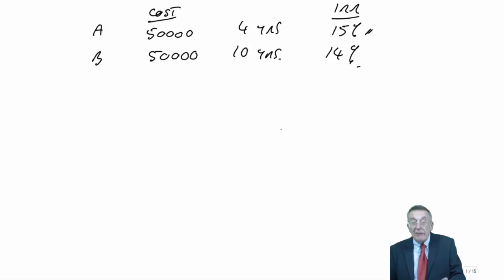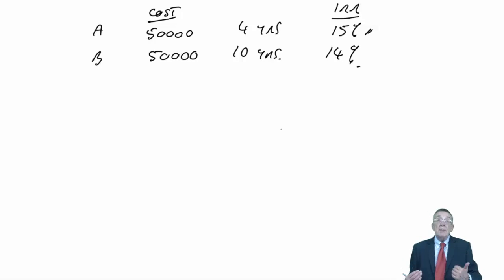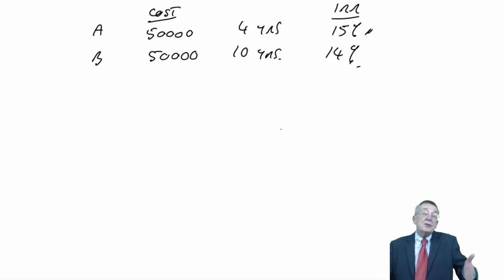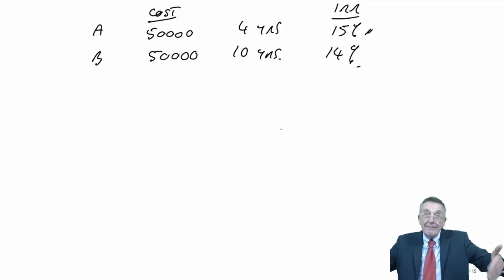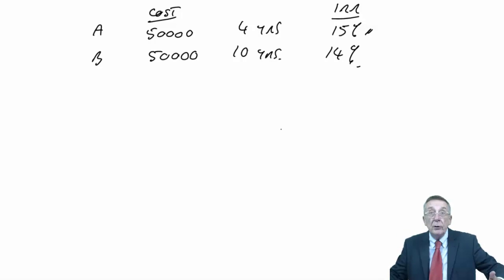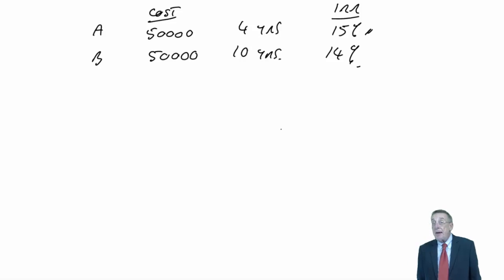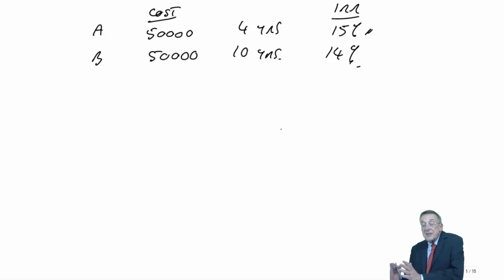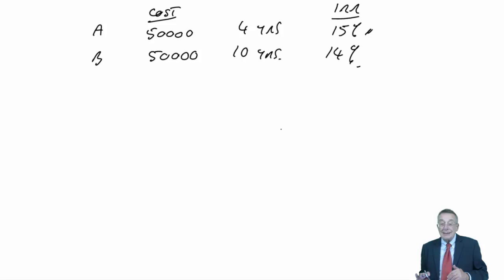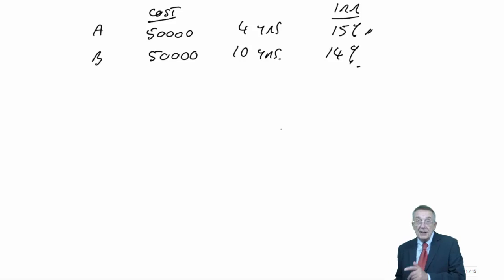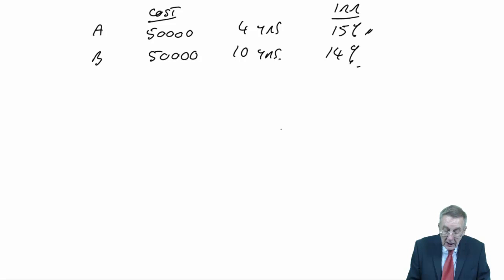And similarly, if B, as the money came in, you were able to reinvest and carry on earning 14%, then you could say A was better because 15% a year forever would clearly be better than 14% a year forever.